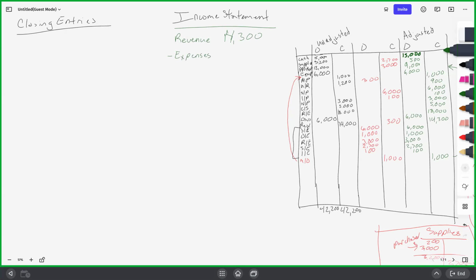Salary expense, depreciation expense, supplies expense, rent expense, interest expense. Salary, supplies, depreciation. That's why I'm lazy, I just put expense. I can't be lazy. People who look back at this need to see what's happening. That's true.